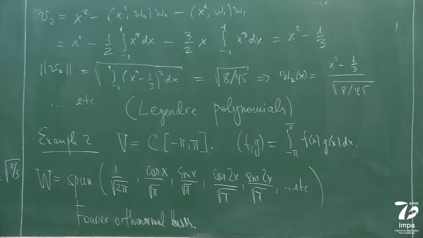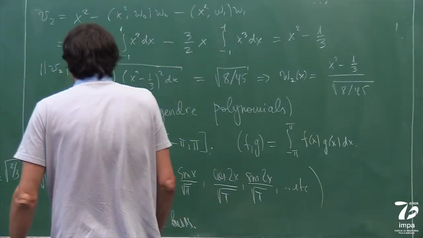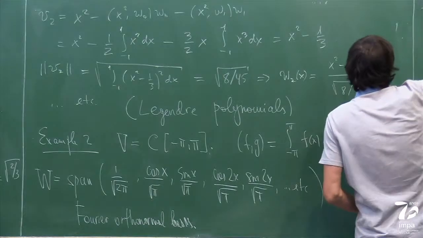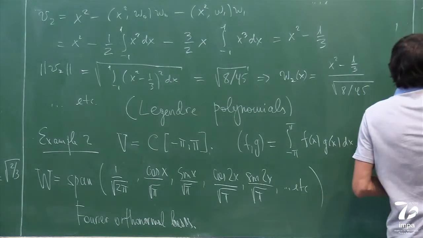And the question is how good it can be, whether it is enough to have this basis or not. For example, there is a theorem called the Weierstrass approximation theorem.